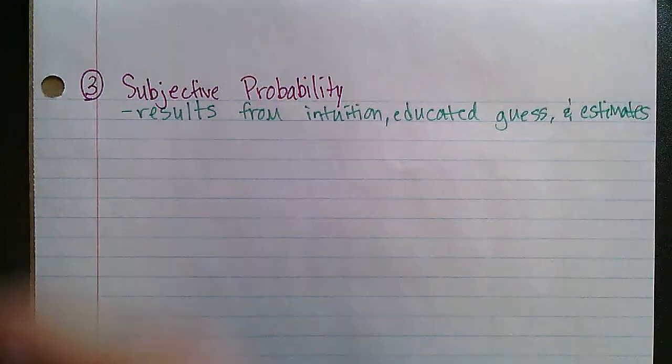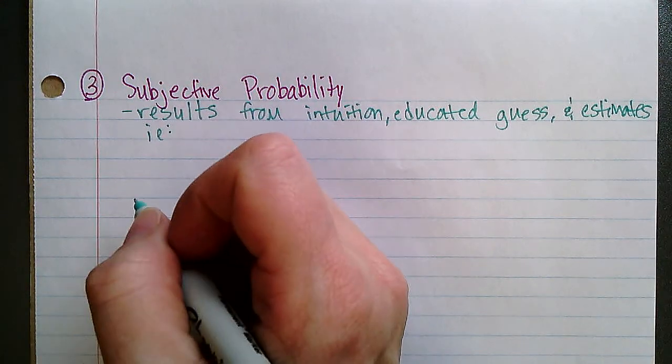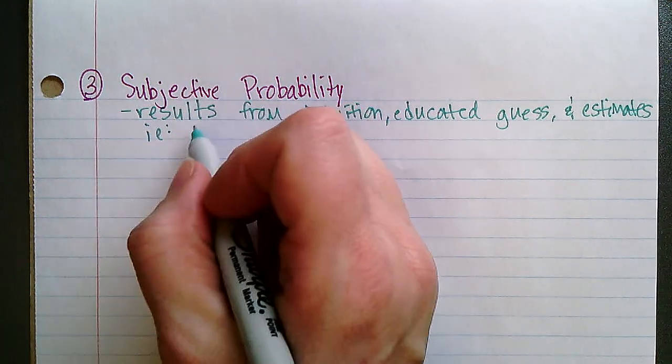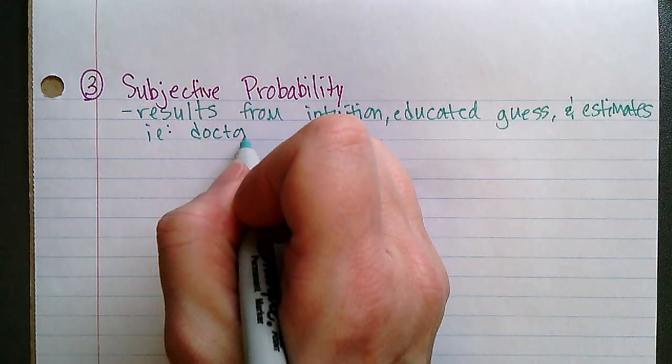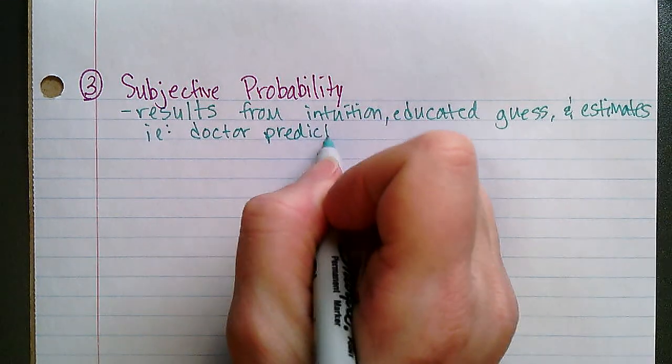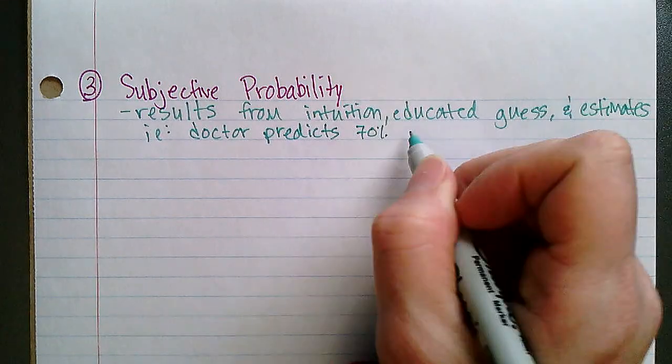So some examples of this would be when the doctor predicts a 70% chance of full recovery.